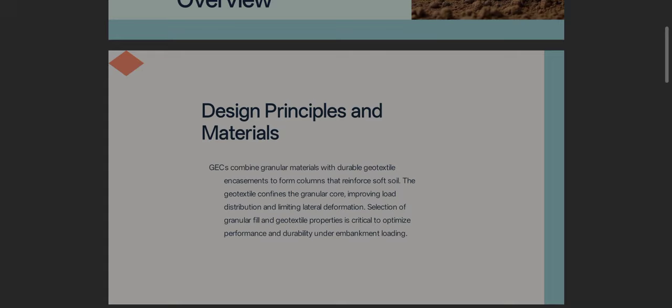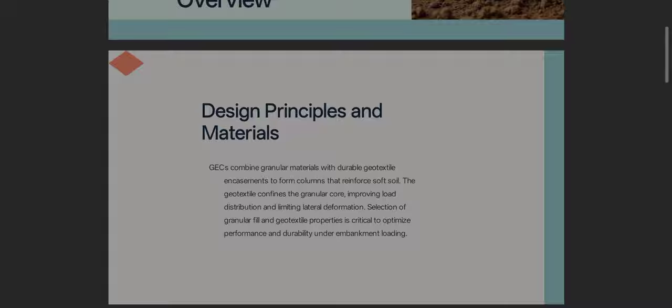Another key principle is load sharing between column and surrounding soil. The applied load is distributed according to the stiffness contrast between the granular column and the soft soil, commonly expressed by the stress concentration ratio. Proper column spacing and area replacement ratio is selected to ensure an optimal balance between performance and construction economy.